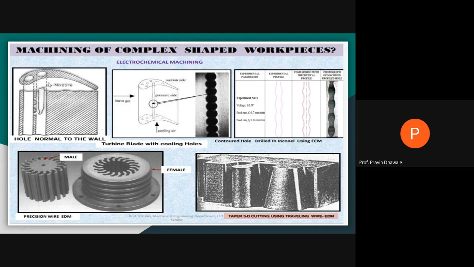These are the certain examples that I have shown in the form of figures in order to get why we need these non-conventional or advanced or non-traditional machining processes.